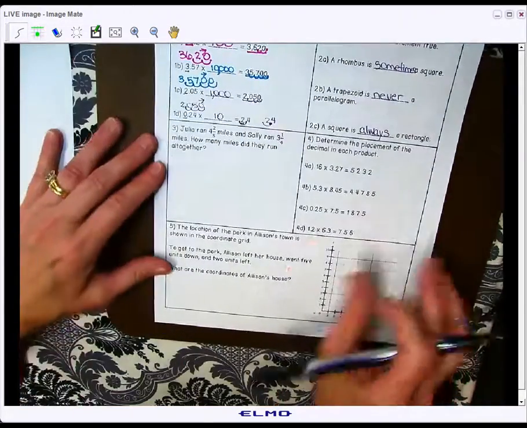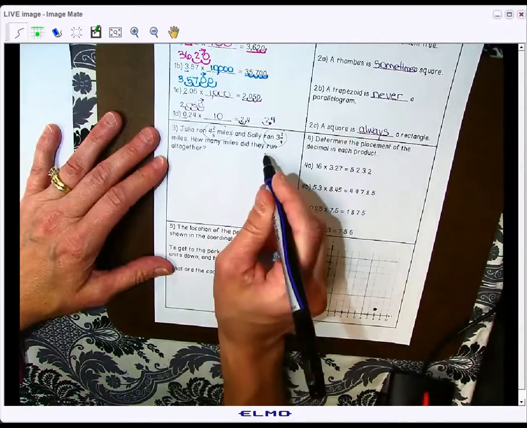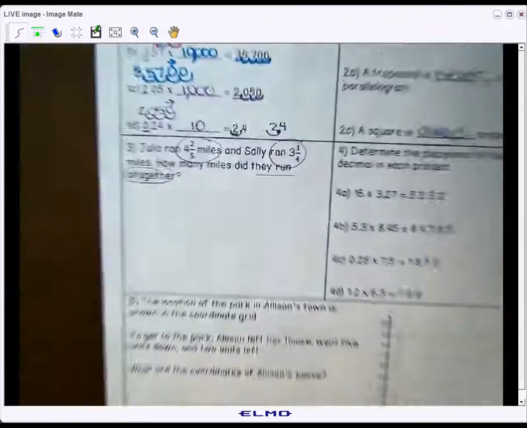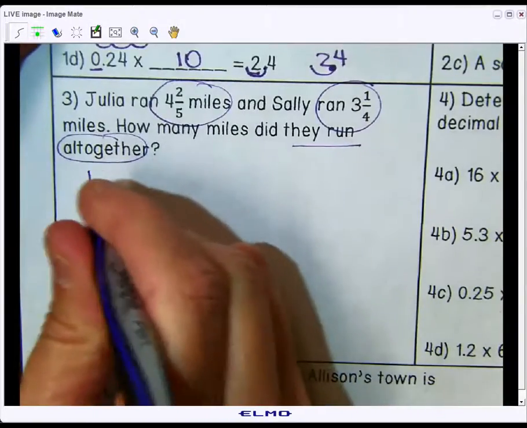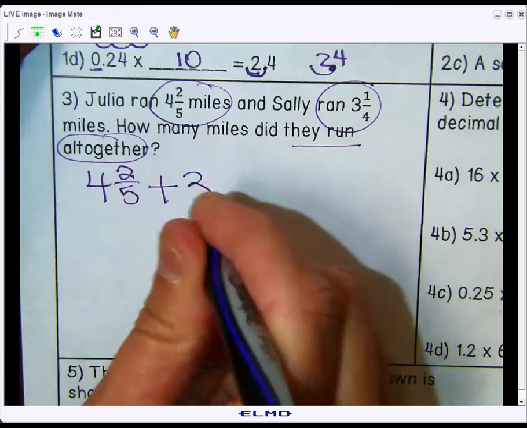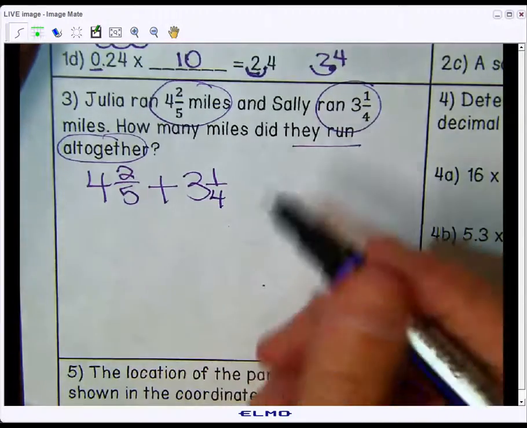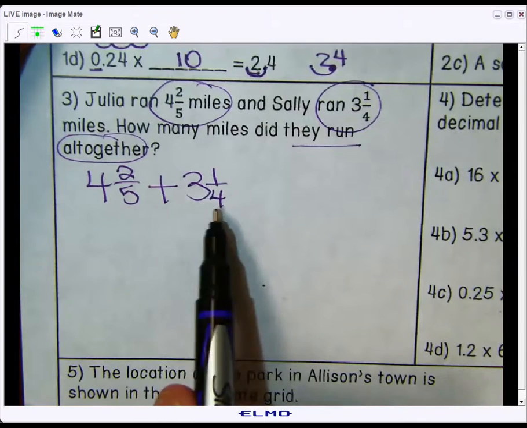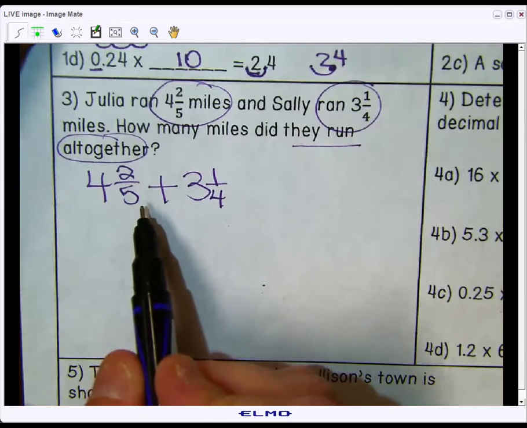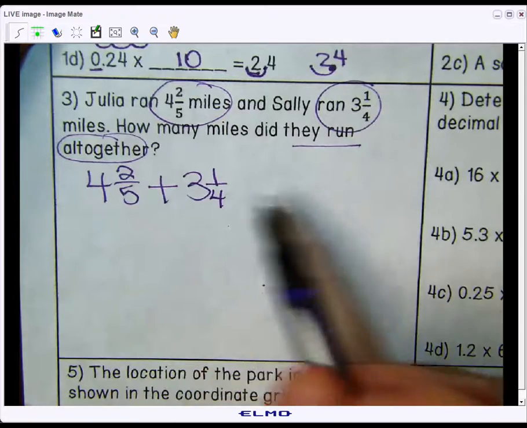Julia ran 4 2/5 miles. Sally ran 3 1/4 miles. How many miles did they run all together? So we know we are going to be adding. So our expression would be 4 2/5 miles plus 3 1/4 miles. And before we can solve, we need to either come up with a common denominator and then add, or we need to convert each of these mixed numbers to an improper fraction, and then we could find a common denominator and add, or butterfly.